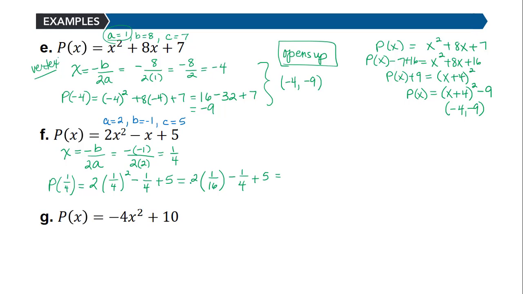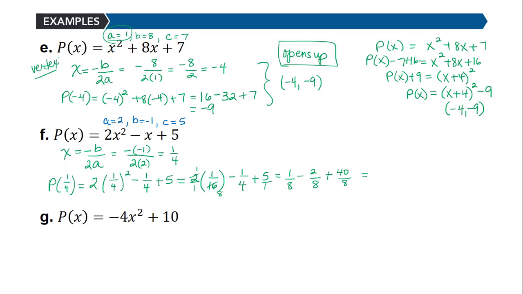2 times 1/16, remember we can write that as 2 over 1 times 1/16. So the 2 goes into the 16 8 times, and the 2 goes into 2 1 time. So we really have 1/8 minus 1/4 plus 5, but the common denominator will be 8. Therefore, I'm going to write 1/4 as 2/8, and 5 over 1 is the same thing as 40 divided by 8.